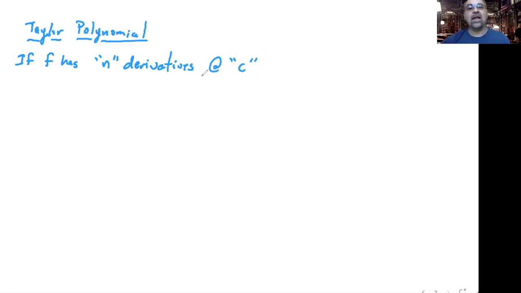Okay, so if it has n derivatives at the point c, now there's that center point. Okay, that's the center of our polynomial.